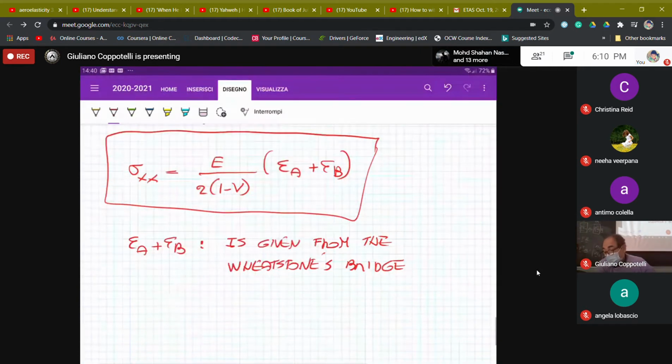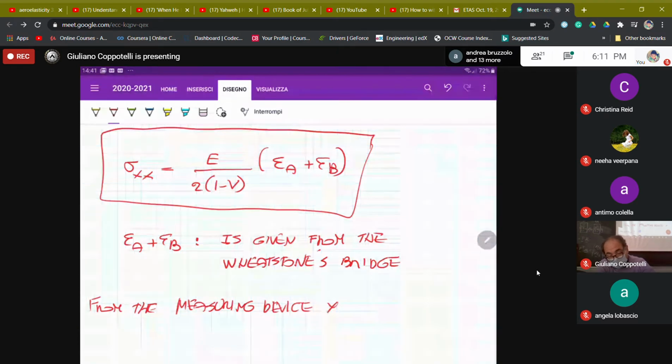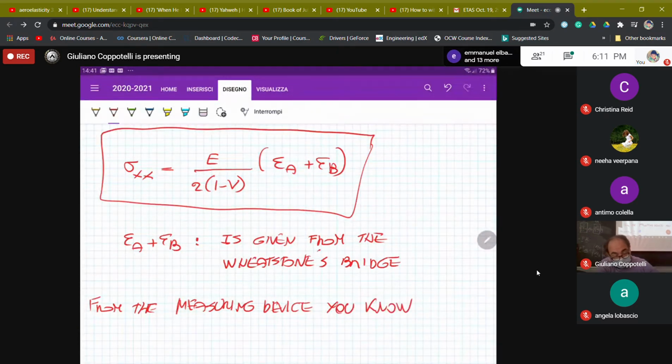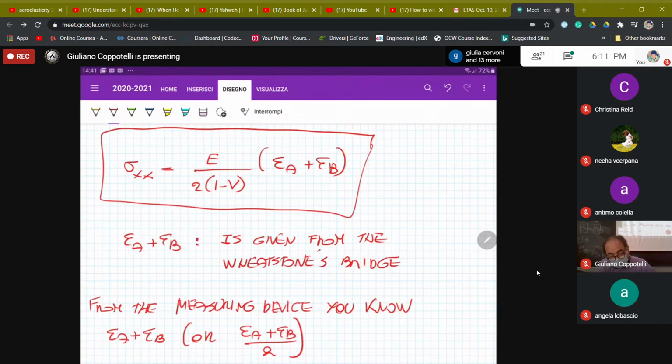So from the measuring device, you know the sum of the two measurements, or the half of the sum, depending on the configuration.